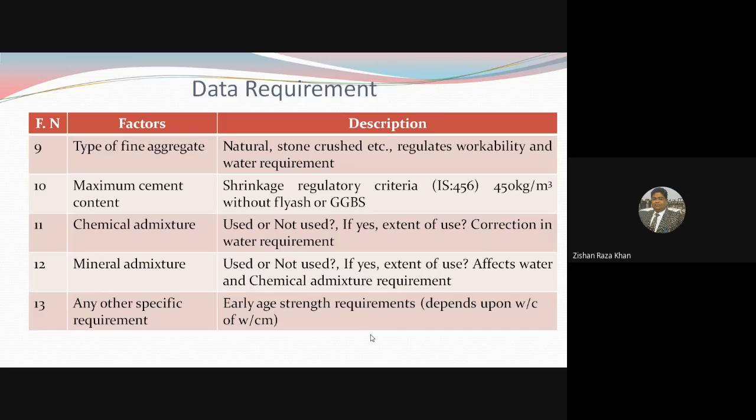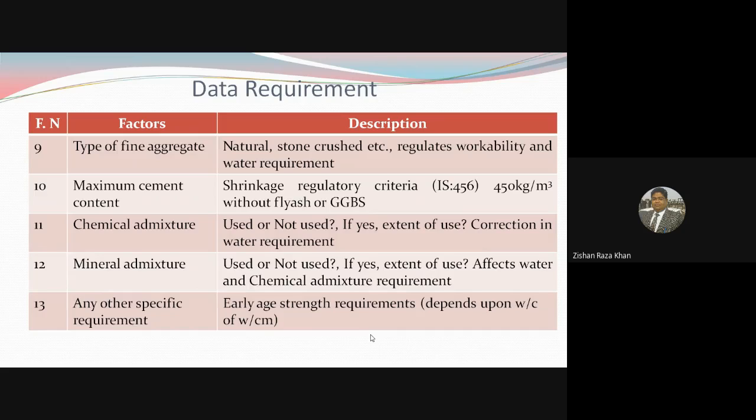Maximum cement content. As per the shrinkage regulatory criteria of IS 456, we need to limit the use of cementitious material to 450 kg per meter cube. So 450 kg per meter cube is the maximum cement content allowed by IS 456.